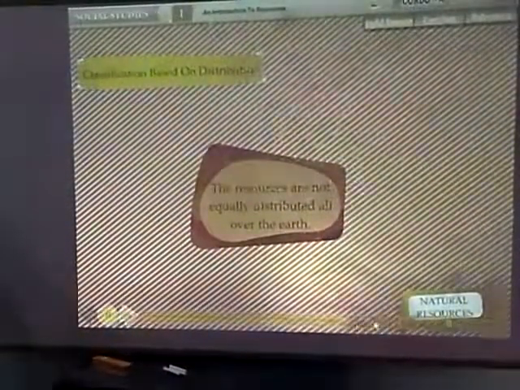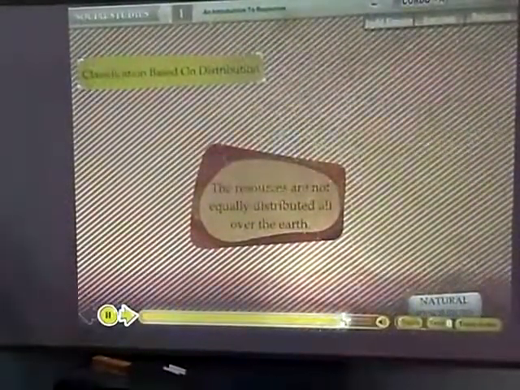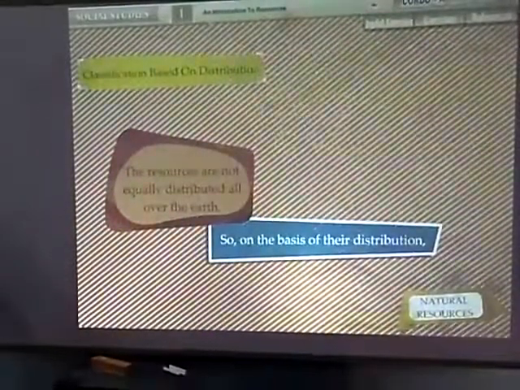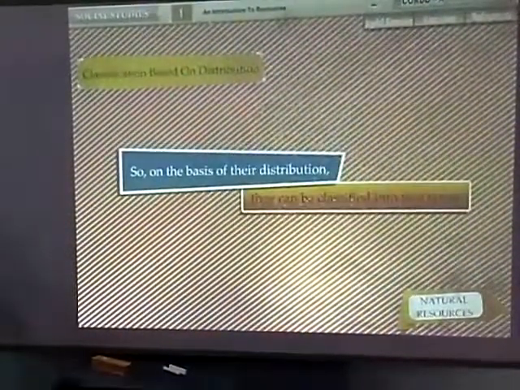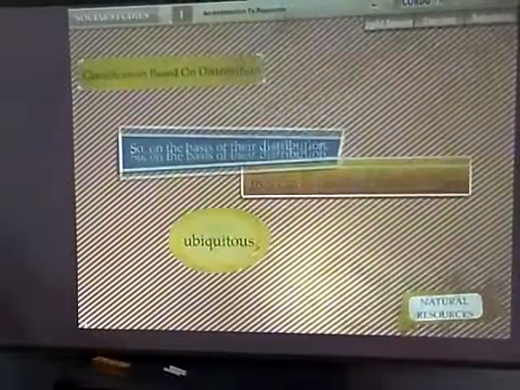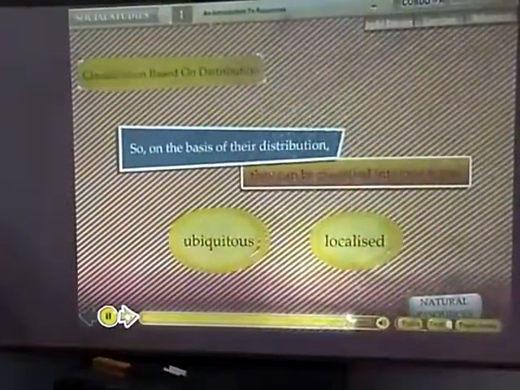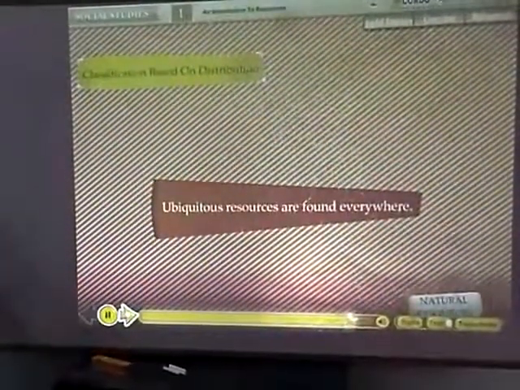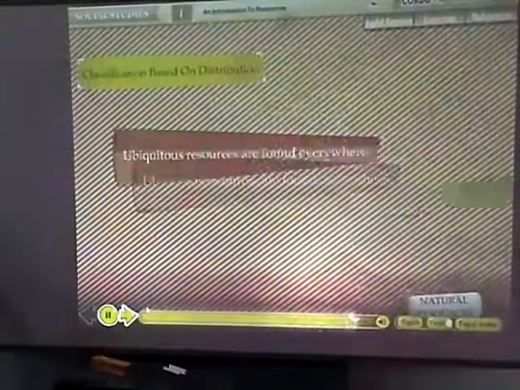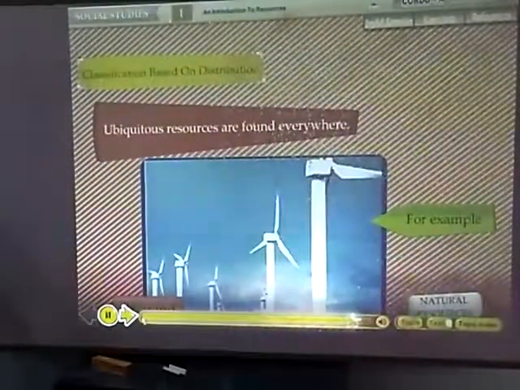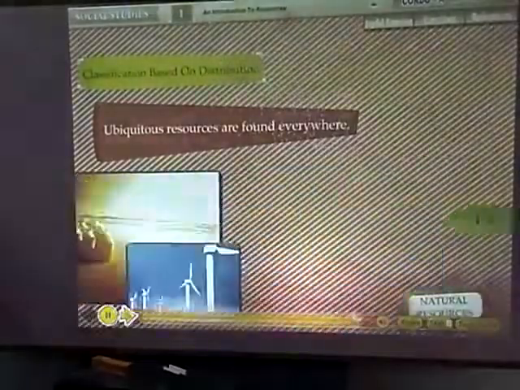Classification based on distribution. The resources are not equally distributed all over the earth. So on the basis of their distribution, they can be classified into two types: ubiquitous and localized. Ubiquitous resources are found everywhere. For example, air, wind, and sunlight.